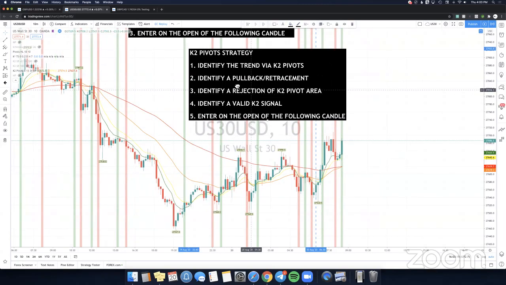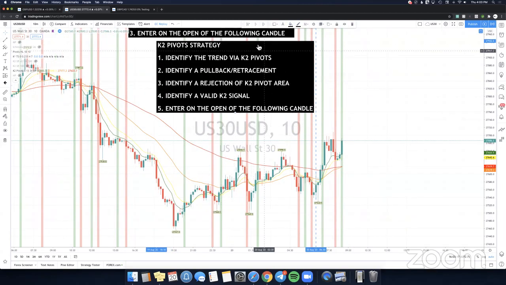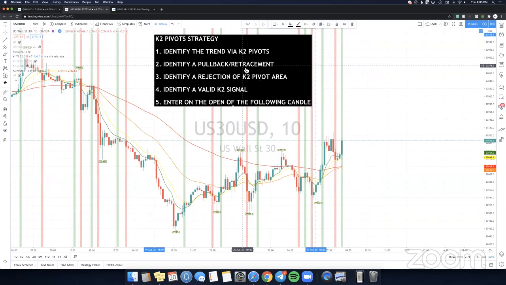All right, cool. So these are the requirements right here, and they're real simple too. So basically, first you want to identify the trend by looking at the K2 pivots. If price is above, all pivots are angling upwards, and they're spread out like they are right here, that would confirm a valid trend upwards.